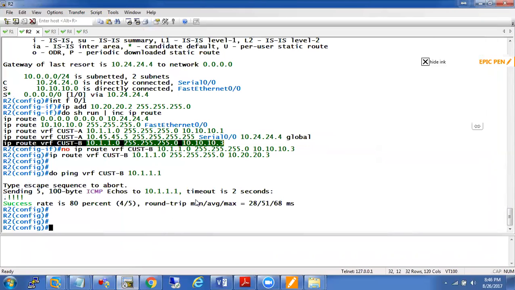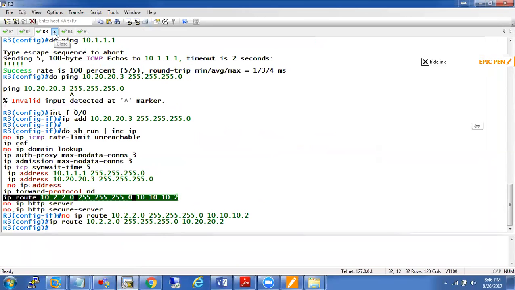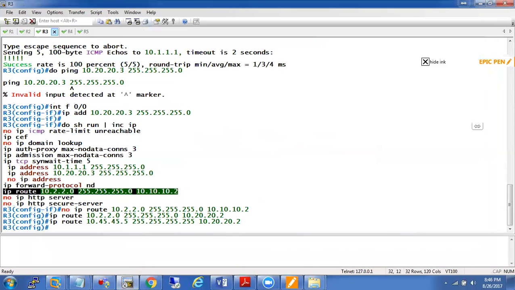Come on. So go on R3, create a route 10.45.45.5, point it towards 10.20.20.2. Agreed?